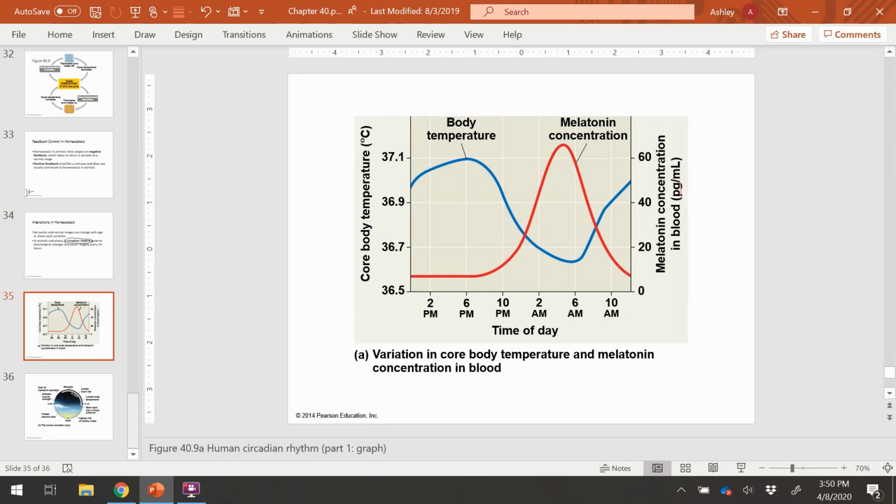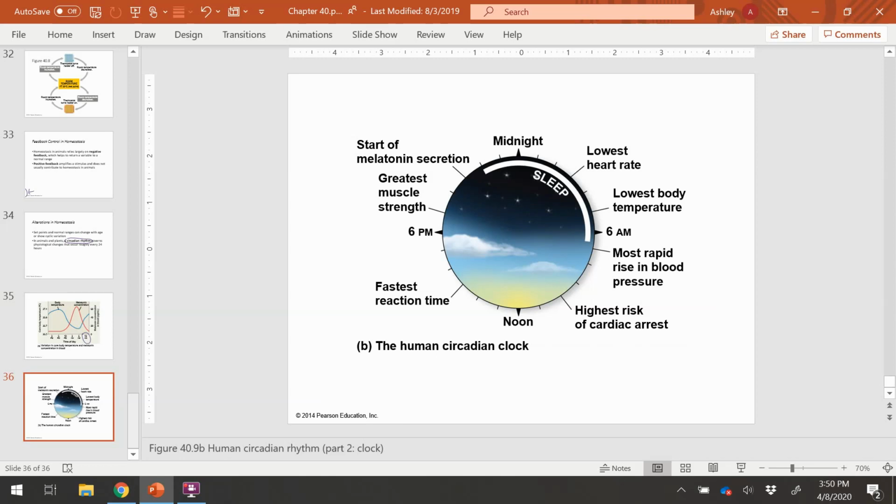Body temperature increases in the afternoon and evening hours, then drops in the early morning hours as melatonin is made in higher concentrations, allowing us to sleep. Then in the morning, our body temperature increases, spiking at some point to awaken us, and the melatonin concentration decreases. This is a circadian rhythm, a natural fluctuation of changes that occurs every 24 hours.